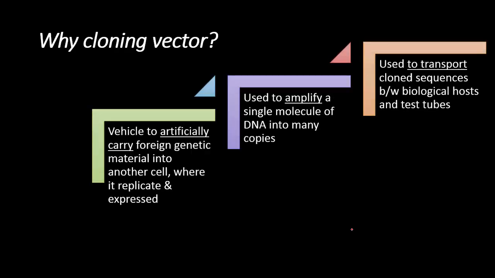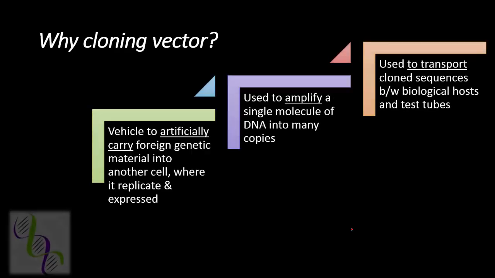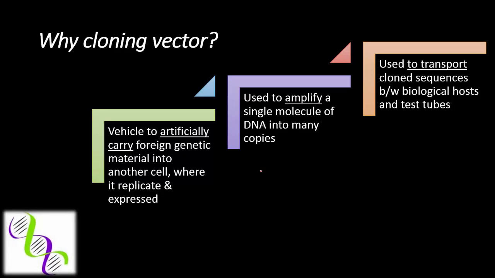Next, why are cloning vectors used and why are they important? A cloning vector is used as a vehicle to artificially carry our foreign genetic material into the host cell where it will replicate and express. Cloning vectors are also used to amplify a single molecule of DNA into many copies.